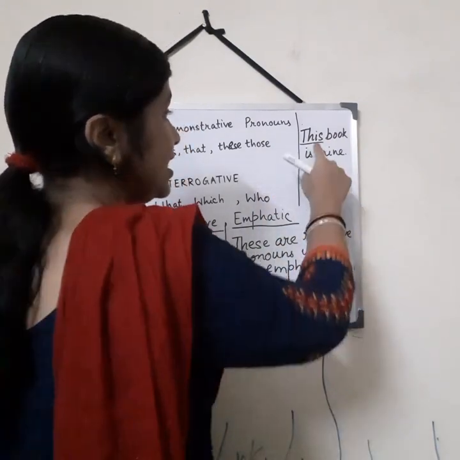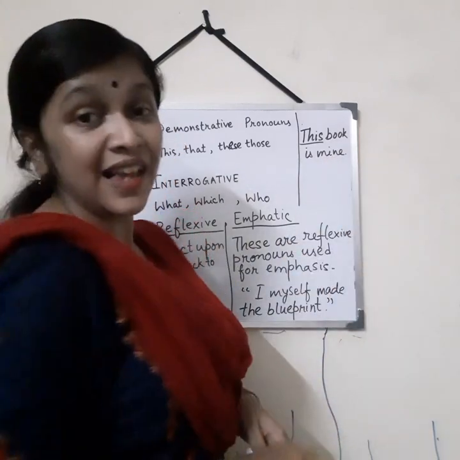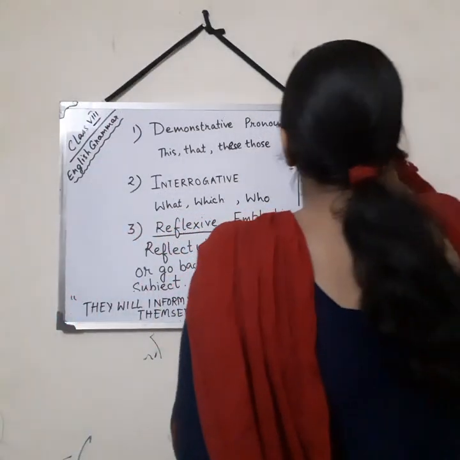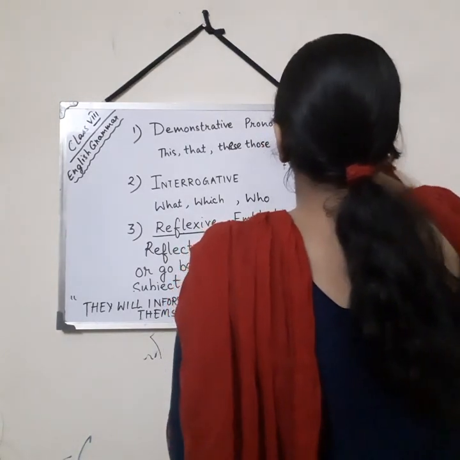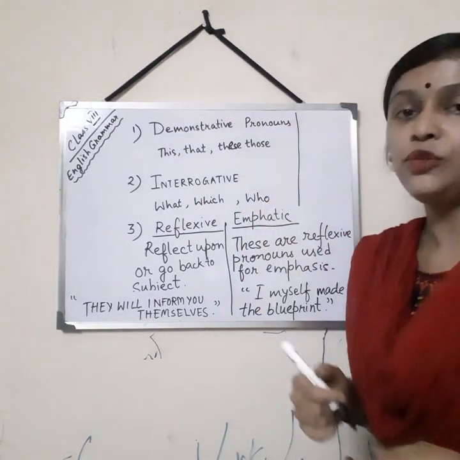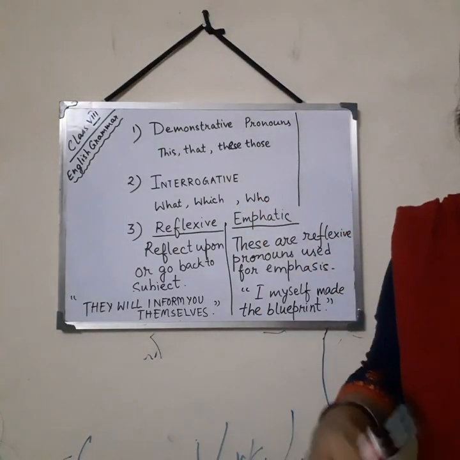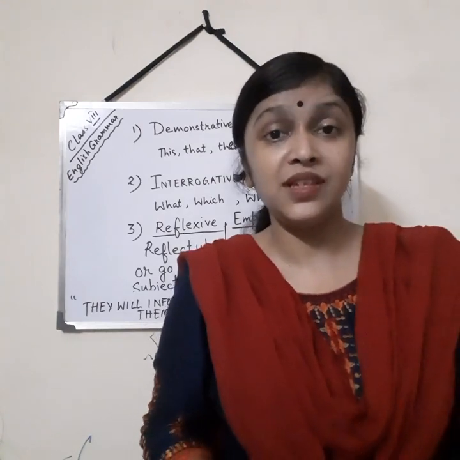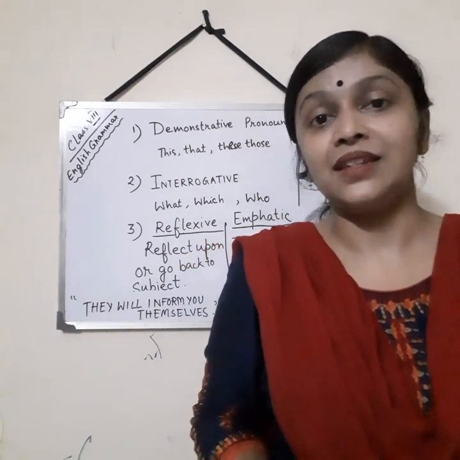Okay, so this book is mine is an example of a demonstrative adjective. We are not doing demonstrative adjectives, but we are doing demonstrative pronouns. So demonstrative pronouns are these words which are used for demonstrating something. Okay, like the examples which are given in your book. This is a beautiful vase, like that.